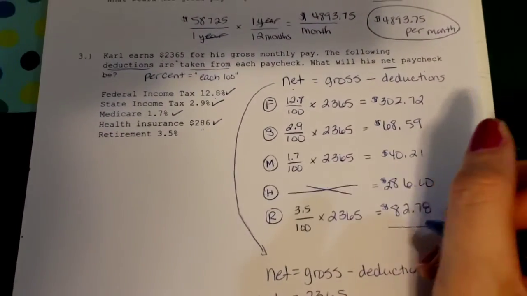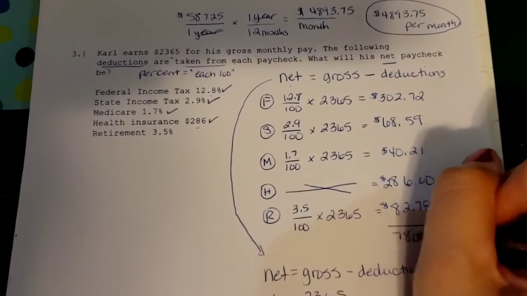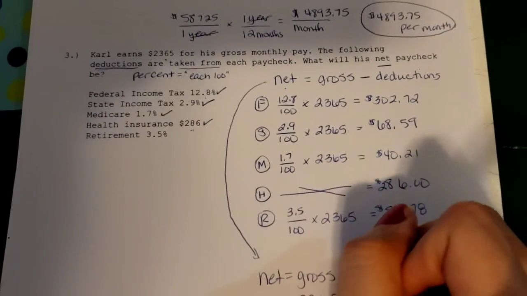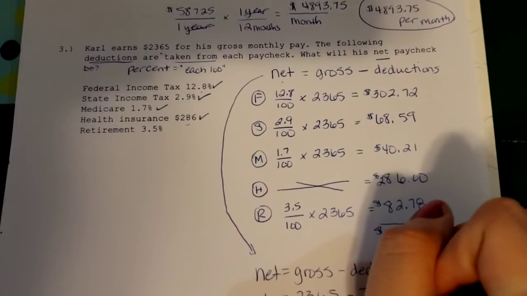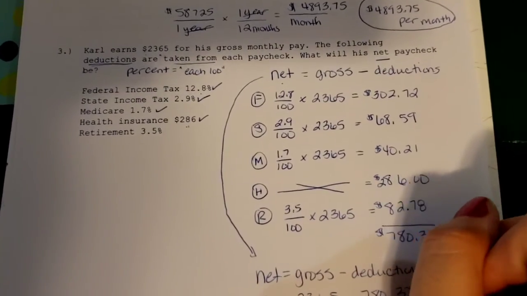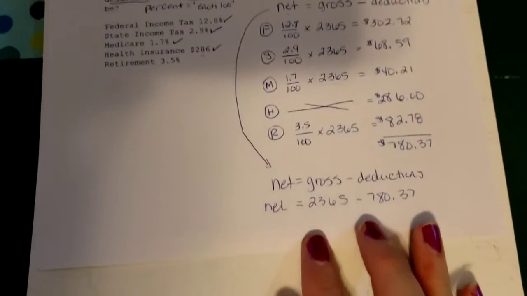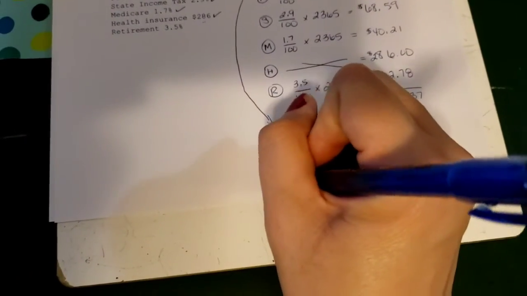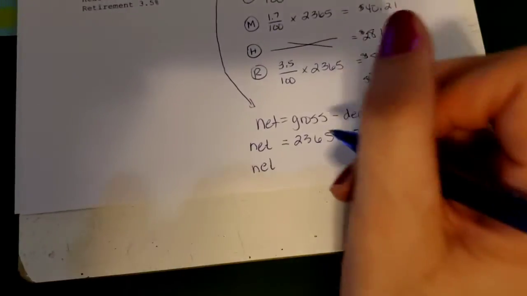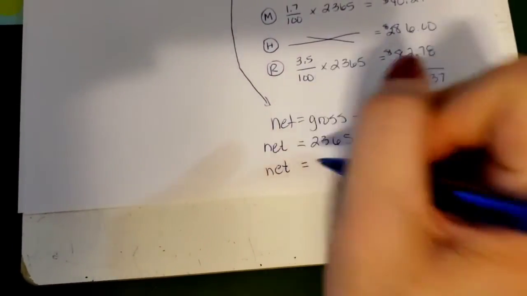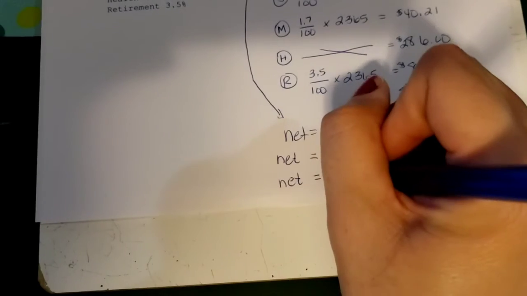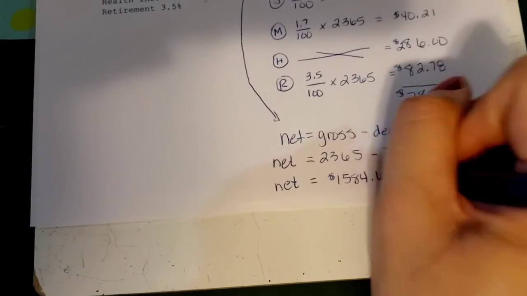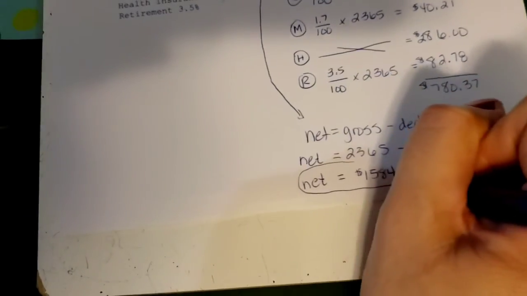If I add up all of these deductions, I get $780.37. So I'm going to subtract that, $780.37, and I find that Carl's total net pay is going to be $1,584.63.